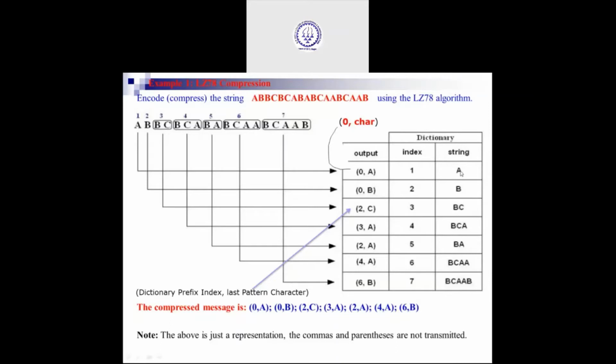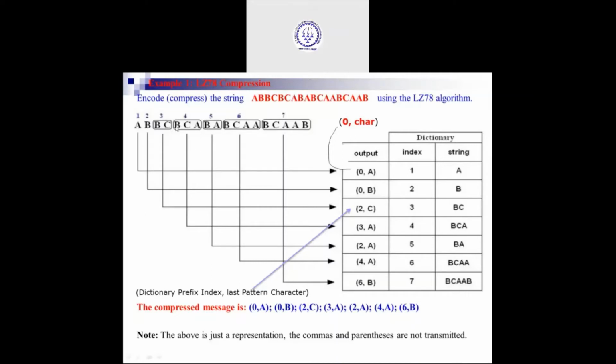So my first phrase is A. Then B is also innovative, so B is also considered as a new comma separated subsequence. Then I focus on the third character, that is B. B is already present, so I have to take one innovative letter C. So BC is a new innovative string, and that is considered as the third substring in my sequence.